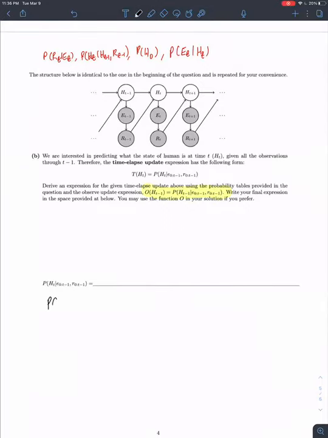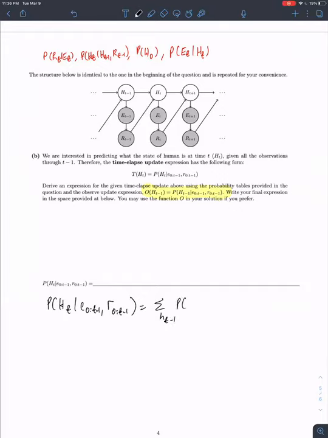I'll just write it out here: HT given E0 to T minus 1, R0 to T minus 1. Well, we can just sum over all the possible values of little h t minus 1, right?